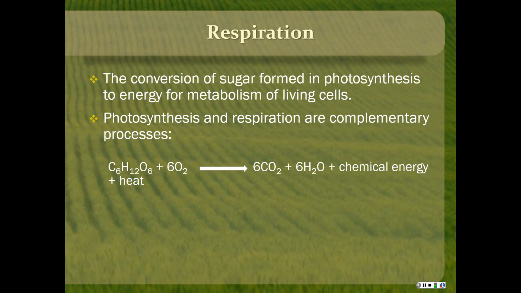The glucose and oxygen are broken down into CO2, water, and chemical energy. This happens in plants when they need to use the sugar they've produced for energy or growth. And it also happens in us when we eat a plant or eat sugar.